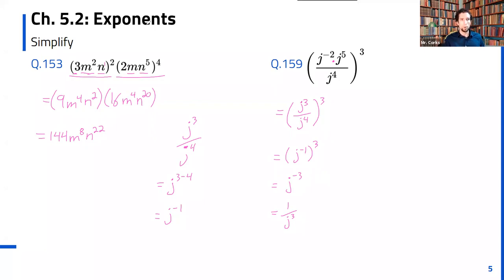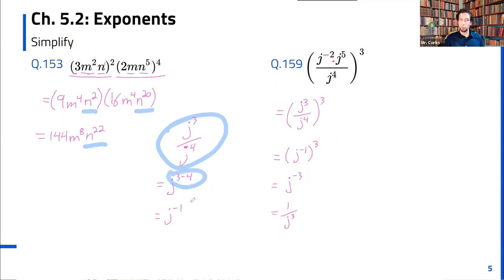So just remember with the multiplying, maybe this is an easier example, n squared and n to the exponent 20 here became this. So it's the same thing here, except instead of multiplying, we're dividing. So instead of adding, we are subtracting the two. But it's the exact same underlying principle and rules, just the adding changes to subtracting, multiplying changes to dividing.